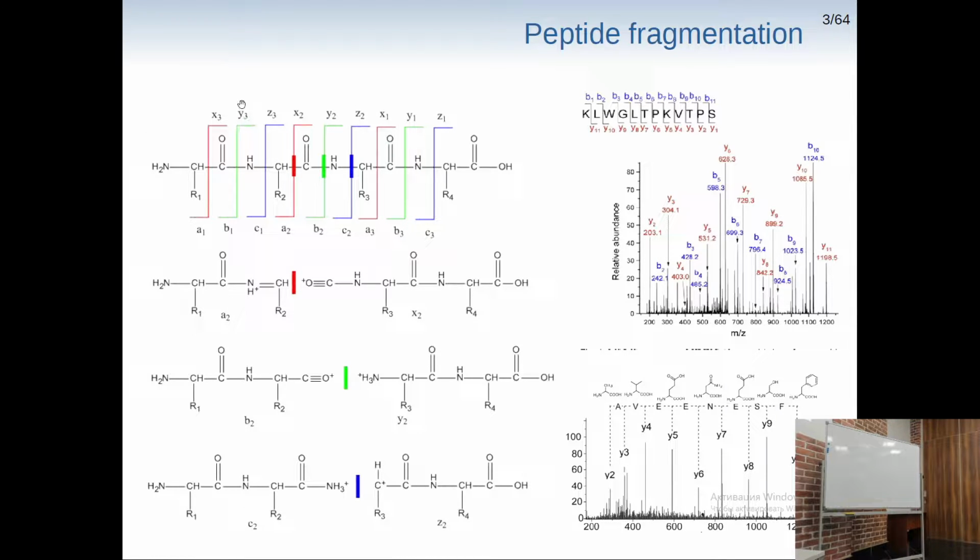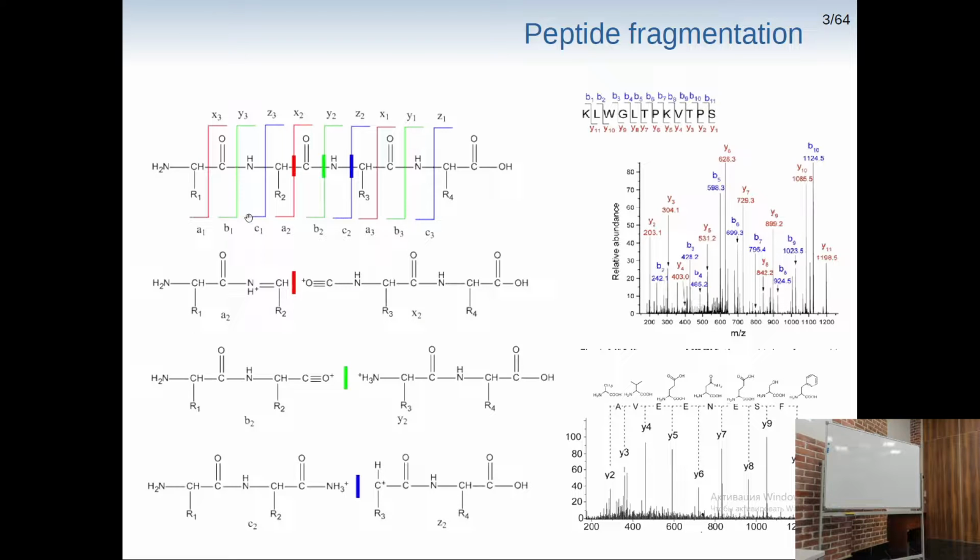This is the position where the breakage of the peptide bond will mostly occur. It doesn't mean that there wouldn't be any other series of ions present, but mostly in electrospray ionization and collision fragmentation we'll see this kind of ions.